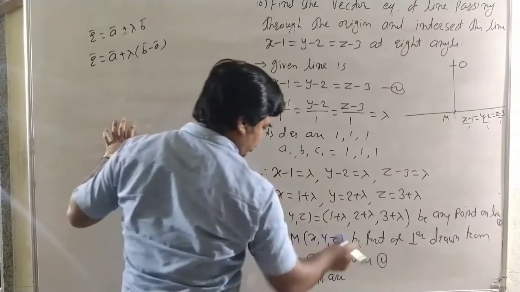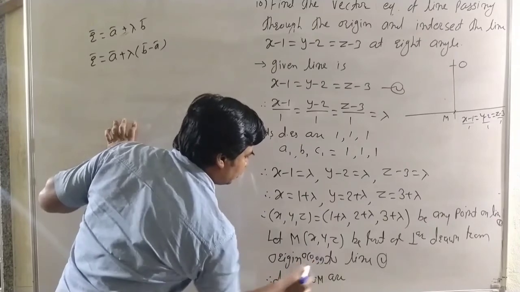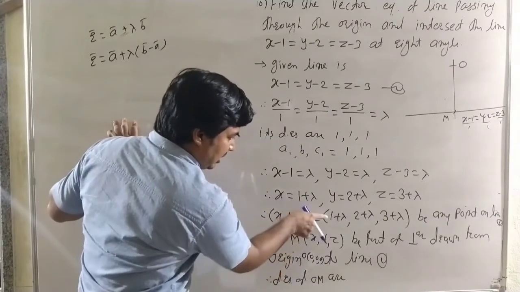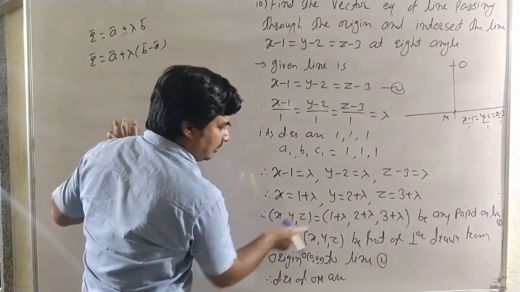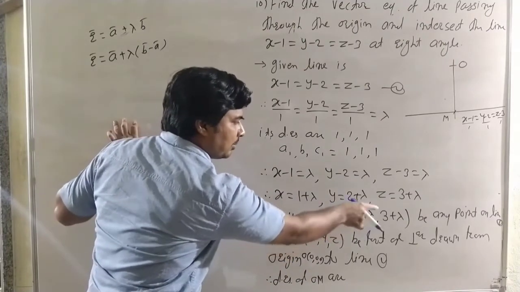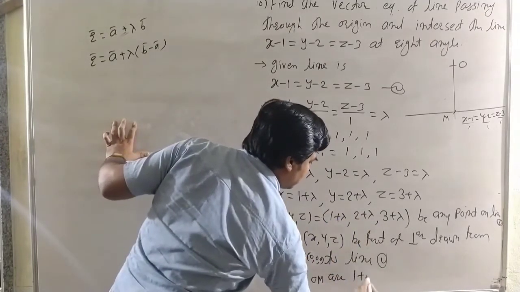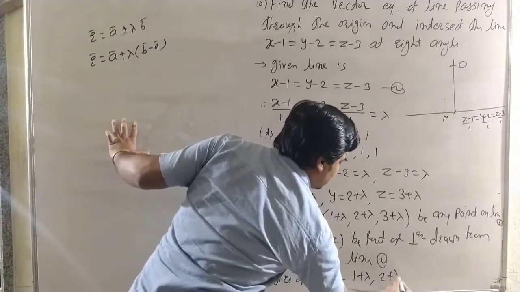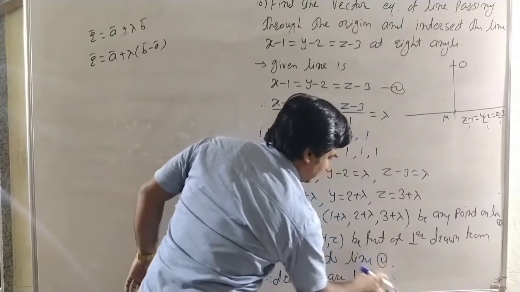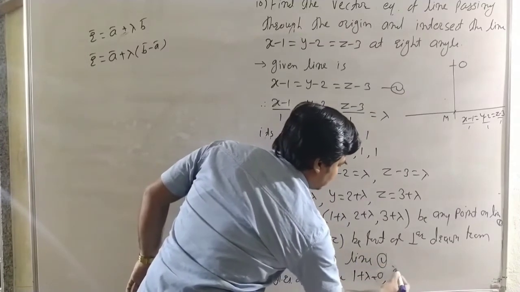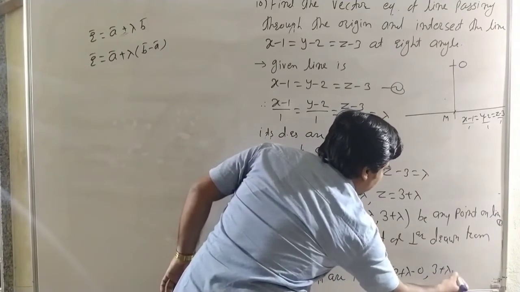O has coordinates 0, 0, 0. These are the coordinates used to find the direction ratios of OM. O is 0, 0, 0 and M's coordinates are 1 plus lambda, 2 plus lambda and 3 plus lambda. Therefore 1 plus lambda minus 0 is 1 plus lambda, 2 plus lambda minus 0 is 2 plus lambda, and 3 plus lambda minus 0.